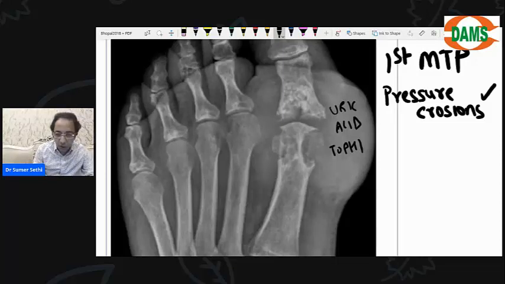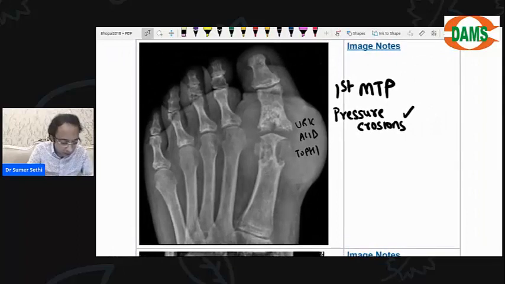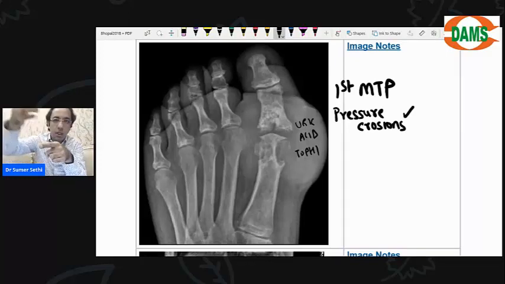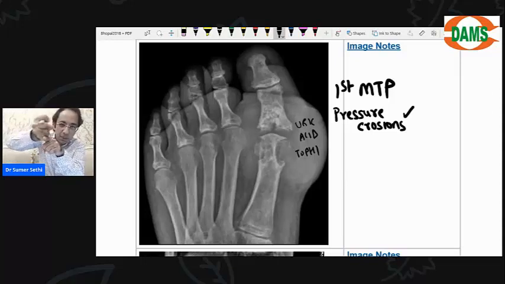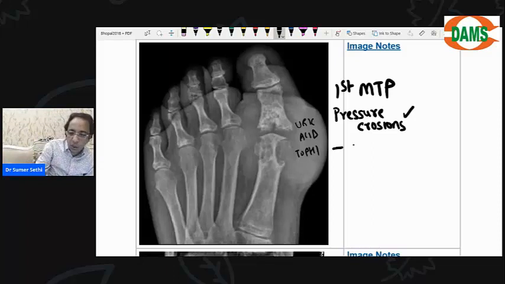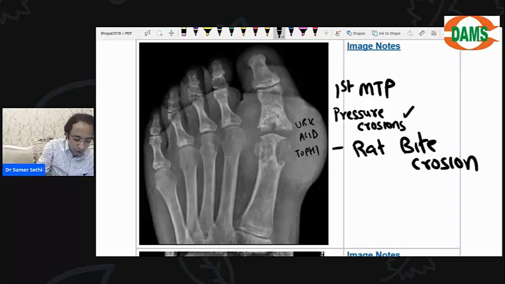Okay, so again, now if you notice in this patient's X-ray of the foot, you have some soft tissue swelling which is because of uric acid that's causing pressure erosion. Can you imagine now? This is your bone, here there are crystals. Because of the rubbing of these crystals, because of the pressure, the bone is eroded. These are called rat bite erosions, or we call it punched out erosions.